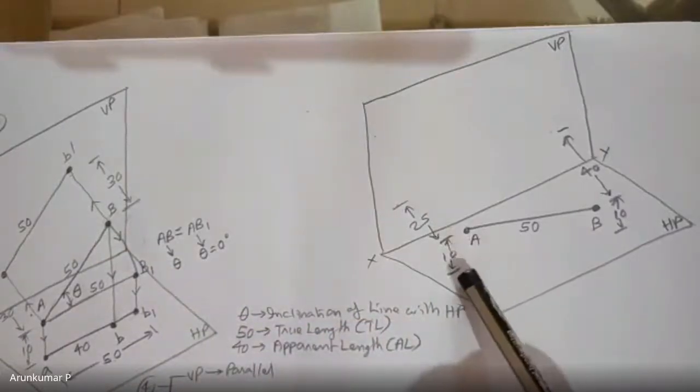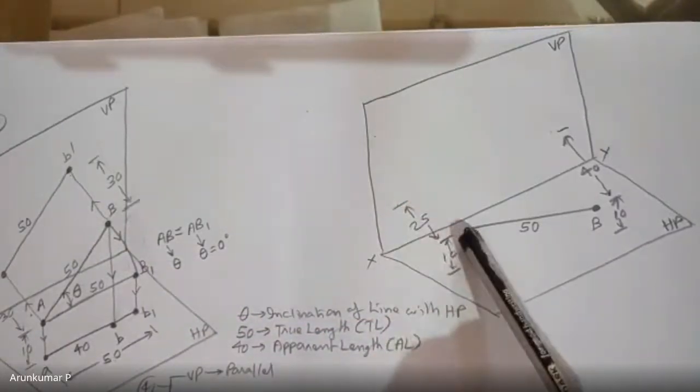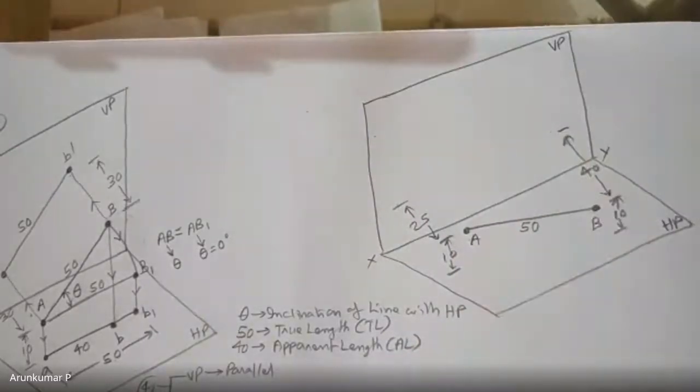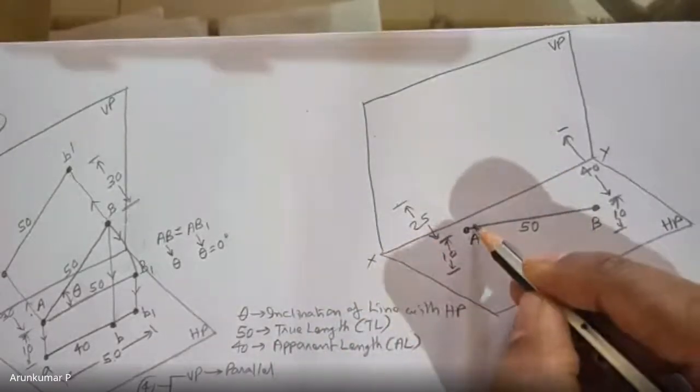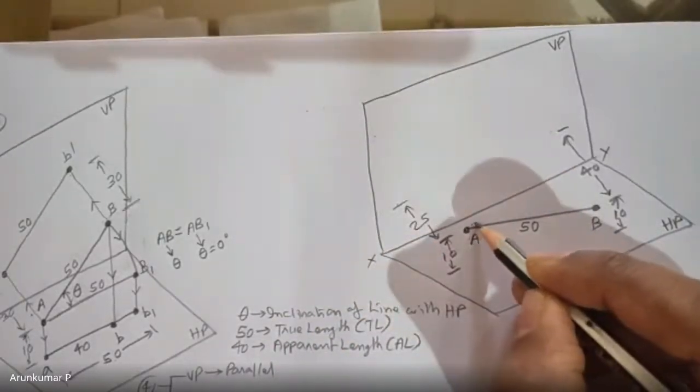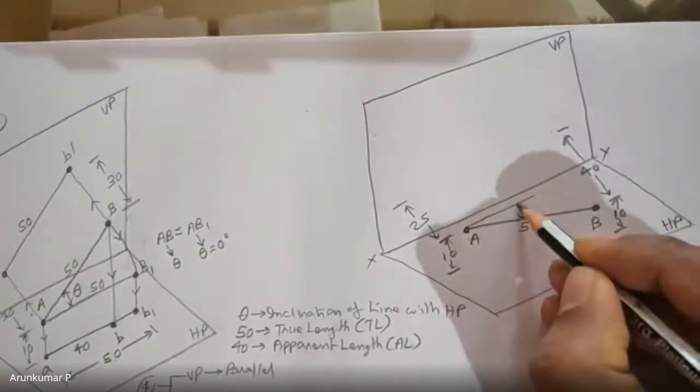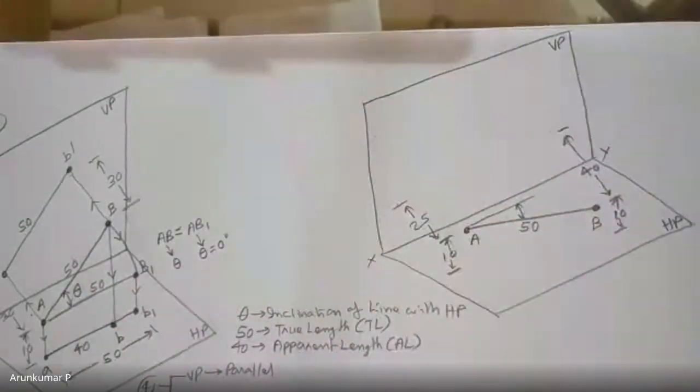So A is 10 mm above and 25 mm in front. B is 10 mm above and 40 mm in front. So it is very clear that the line AB is at an angle to which plane?